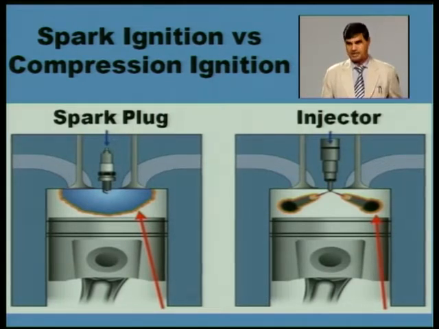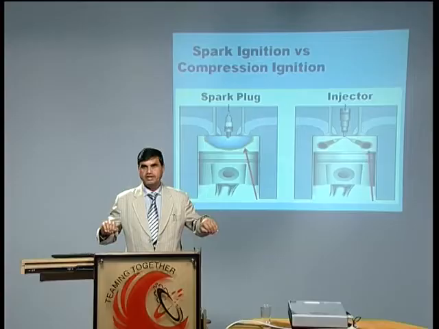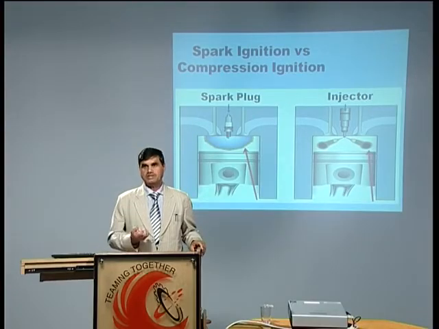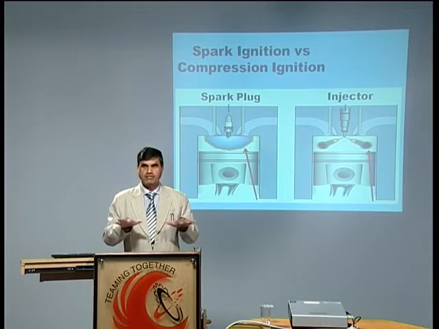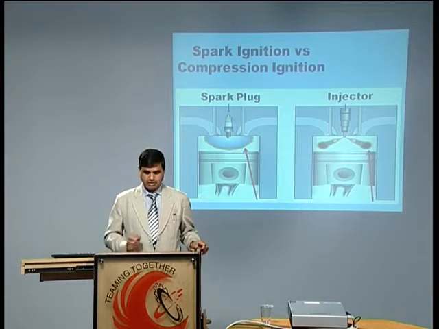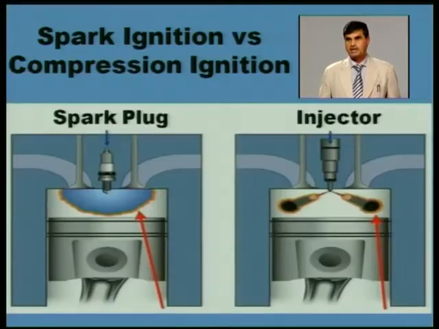Here with the help of injector, high pressure sprays of diesel are entering into the cylinder. Diesel is injected into the cylinder. The sprays may be 3, it may be 5, in some of the cases even 7. In some special engines even a single spray is also used, and pressure of this fuel is very high.